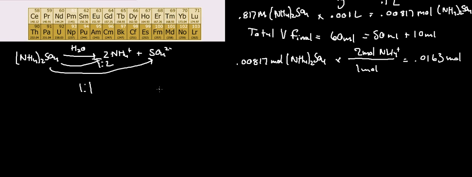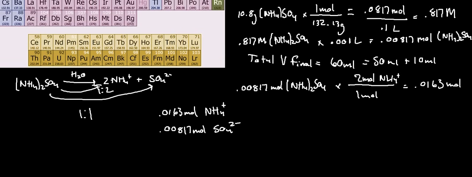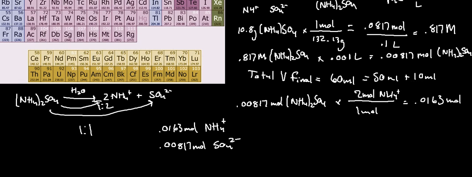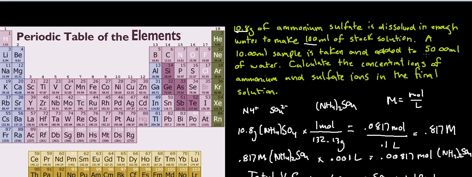So I'm going to have, in my final solution, 0.0163 moles of NH4+ and 0.00817 moles of SO4 2-. And as I said before, it's critical to know that even though I'm adding it to 50 milliliters, I also include the volume of the original 10 milliliter sample.